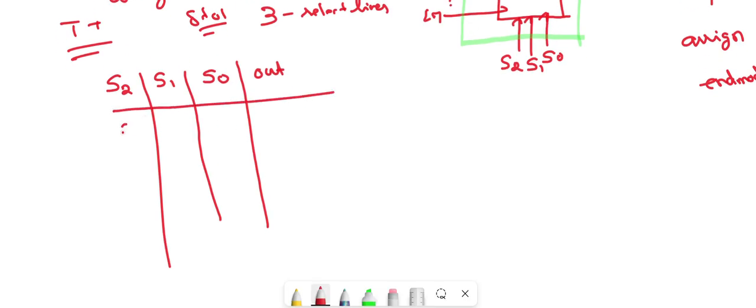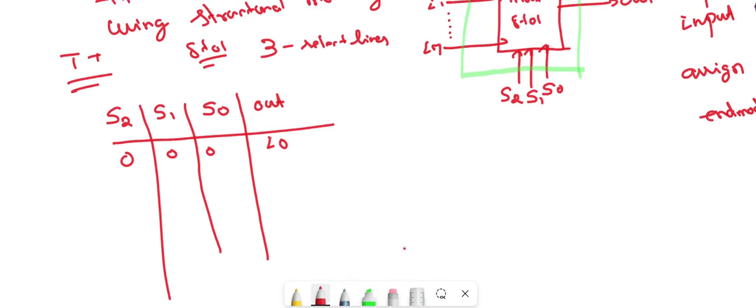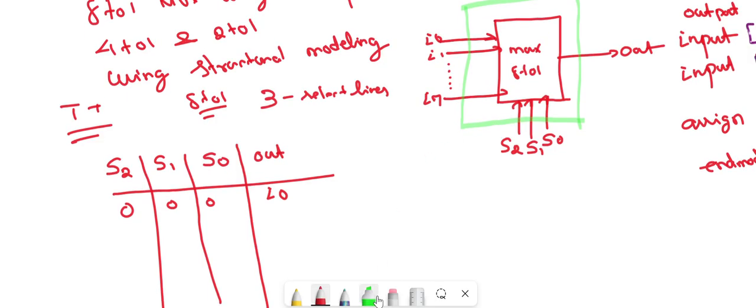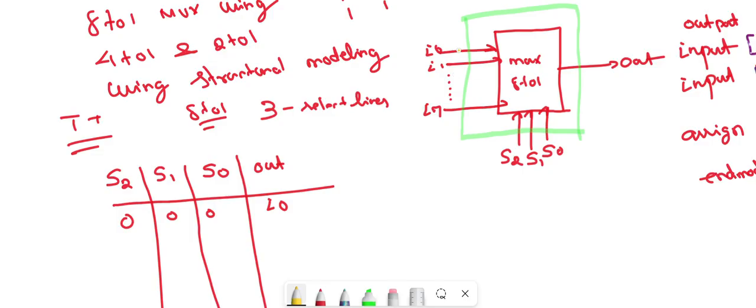So what does the truth table say? For 000, I0 will be transmitted. For 001, I1 will be transmitted. Like that, if it is 111, I7 will be transmitted.